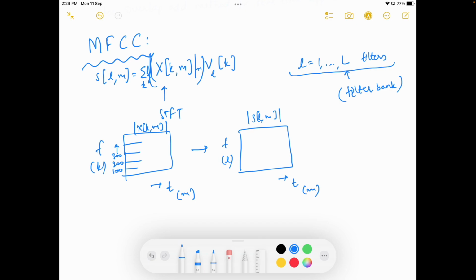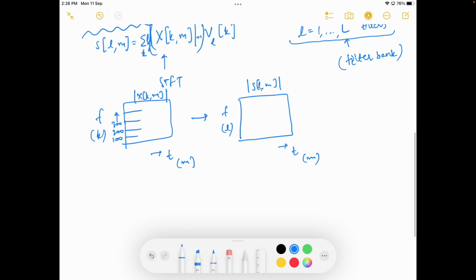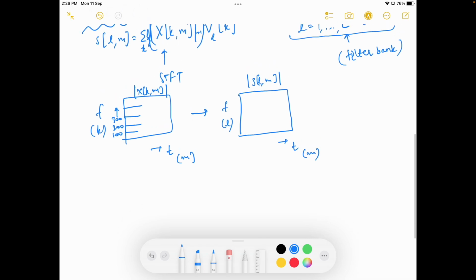Okay, tell me what S[l, m] is. How will it look? My center frequency is kind of log scaled, right? It's scaled on a log axis. So this will be 100. This is my Mel frequency. What was the formula?